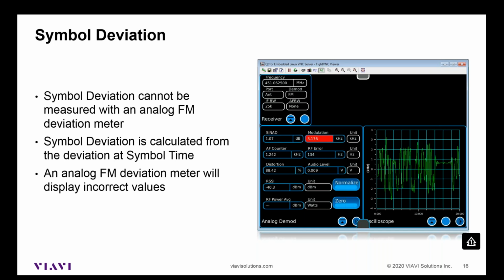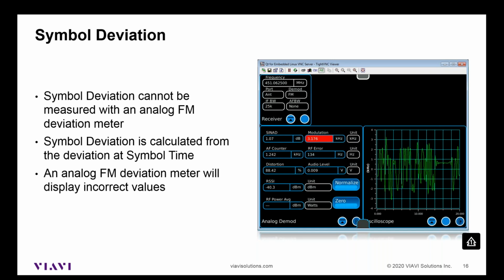So here, once again, transmitting a standard 1011 pattern P25 signal into this analog configured 8800, you can see the modulation meter is reading 3.2 kilohertz. Now, I'm going to use P25 as my example. Symbol deviation should be 1800 hertz. Obviously, that's not 1800 hertz.